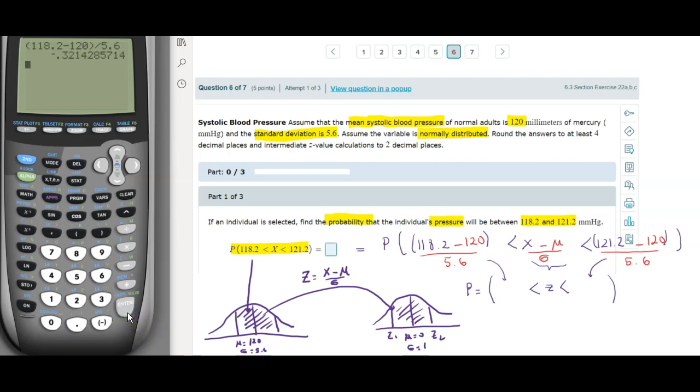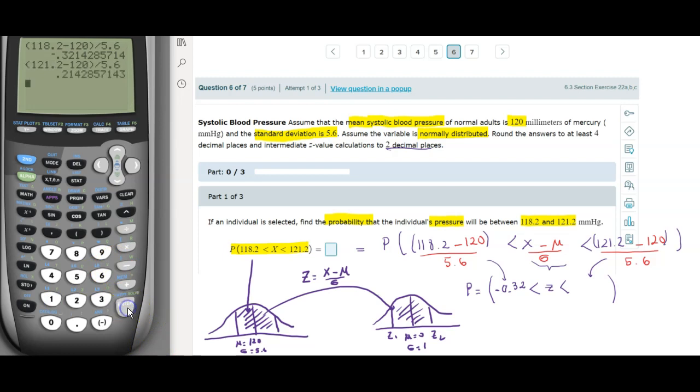The first value is going to be minus 0.3214. We need to round to 2 decimal places for the z value, so minus 0.32. Then we do the same thing, reusing the same formula, and change the 118.2 to 121.2.